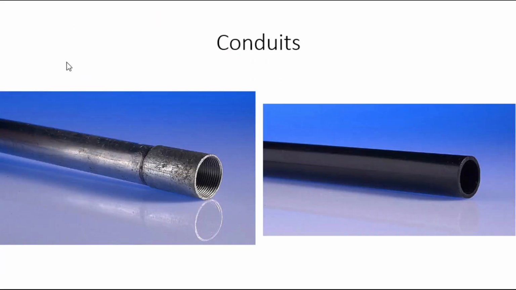Another type of wiring is the conduit system. This is more common in heavy-duty systems. You can make use of steel conduits or PVC, or you can have an alternative of flexible conduits, which are generally used in areas which have inconvenient positionings.